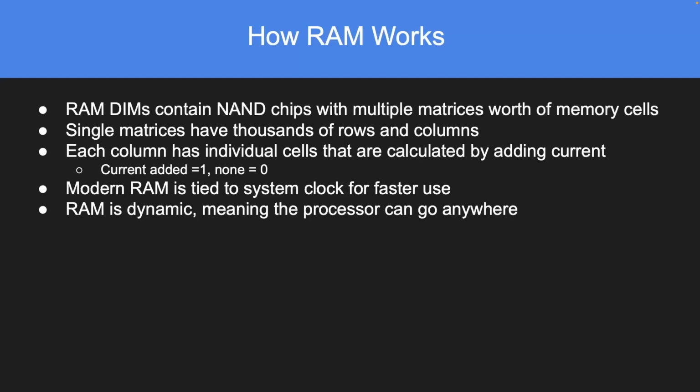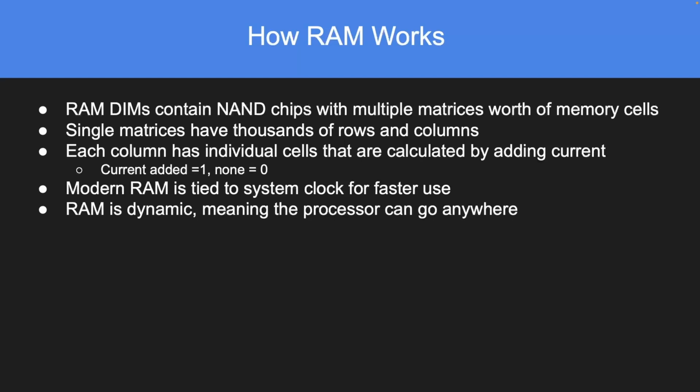And so the processor can store program data or whatever data it needs to store in RAM for quick retrieval, above the caches within our processor, anywhere on our RAM chip, and that is why we call it dynamic.